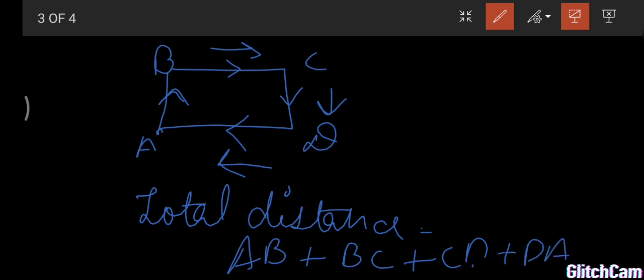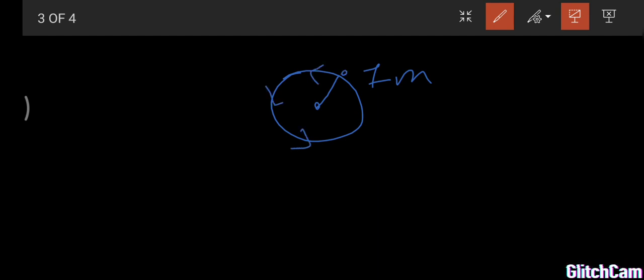So if you notice, the directions are different, but the direction does not affect the total distance. Like that, one more example. Take a circular path with a radius of 7 meters. Now the man starts from one point and ends at the same point, and he completes two complete rotations on the circular path.